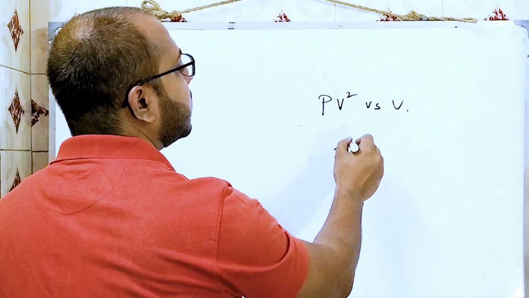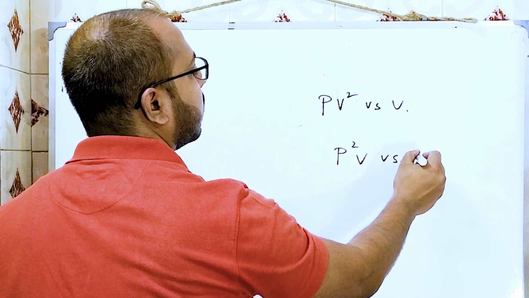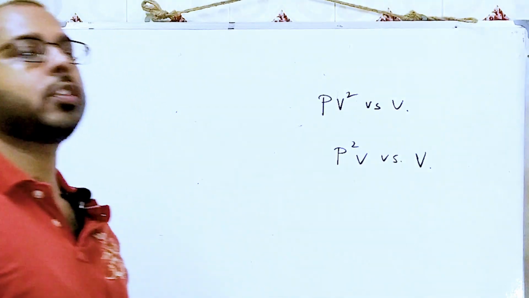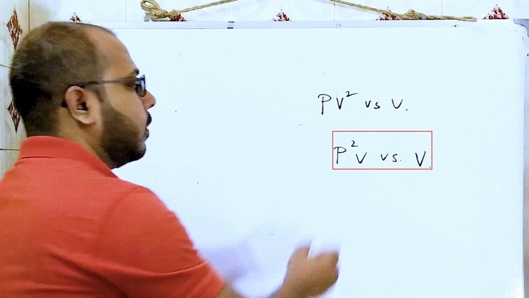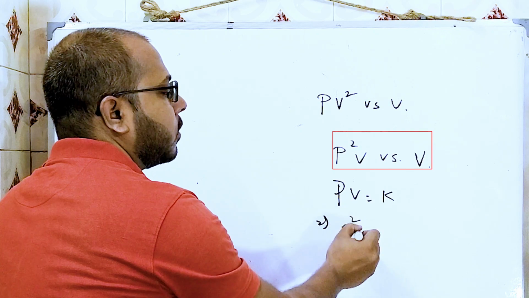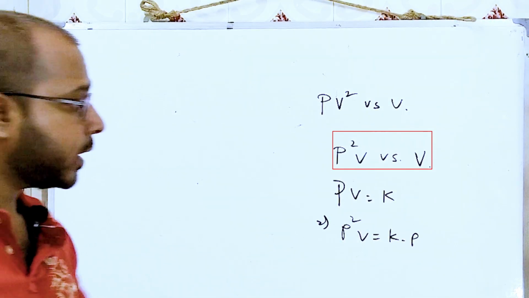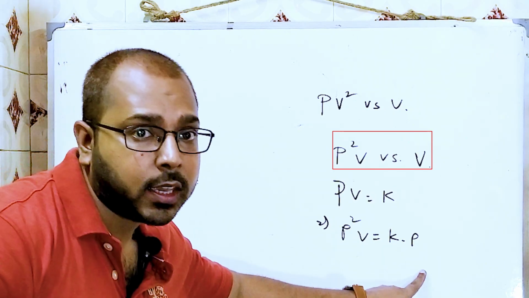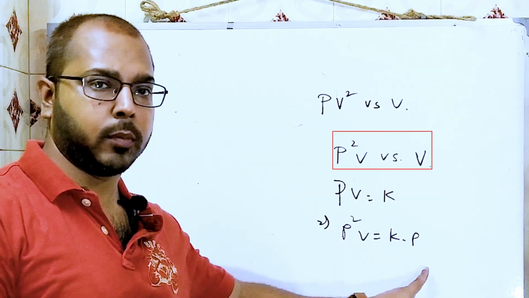But suppose someone is asking us this one, P square V versus V. So PV equals K. So P square V equals KP. But here it is not P square V versus P. If it were P square V versus P, then it would be a straight line, y equals mx.